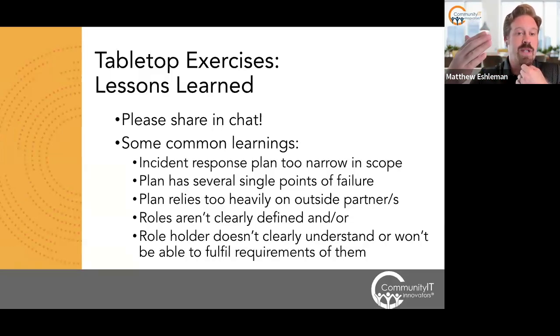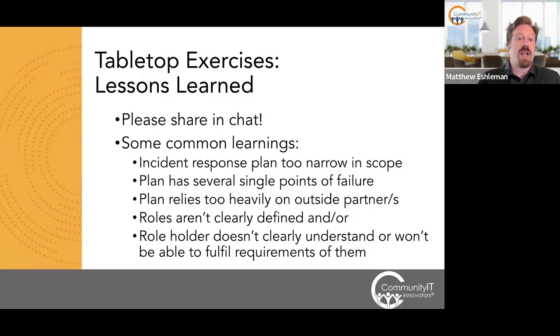The answer can still be, we're going to contact our MSP partner and they're going to do the technical remediation, and then our communications team is going to handle the public messaging, and here's how we're going to keep our board and the cyber liability insurance provider up to date. All of those different elements should be included as part of the incident response plan. It doesn't have to be hundreds of pages of documents, but it should be a clear and concise way of engaging with all the different roles that are required whenever you're responding to a security incident.